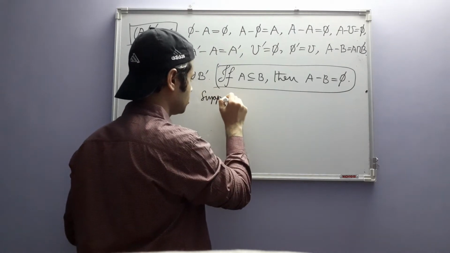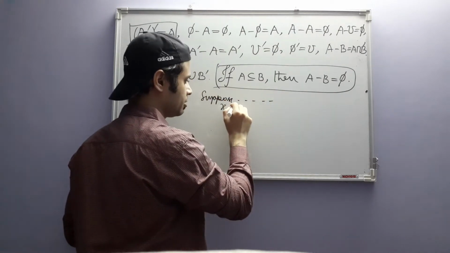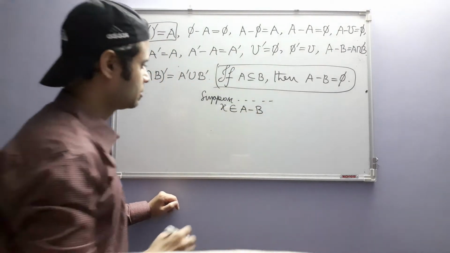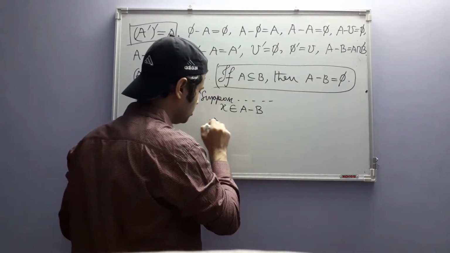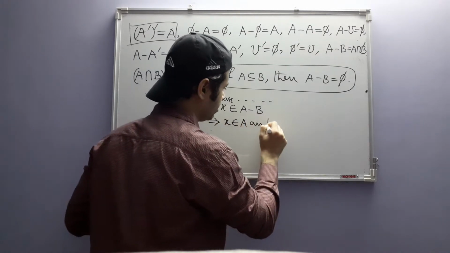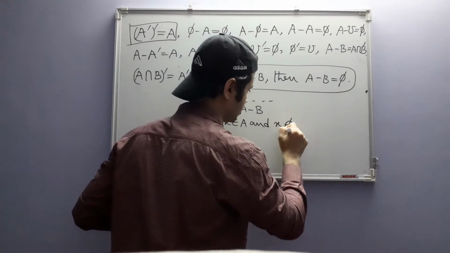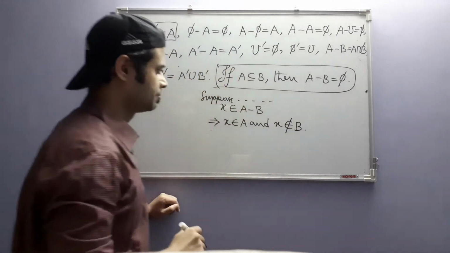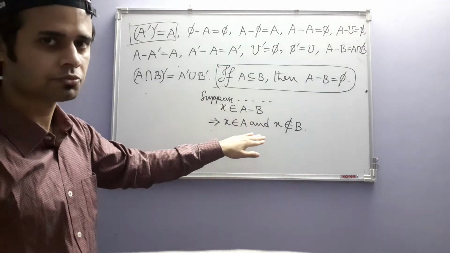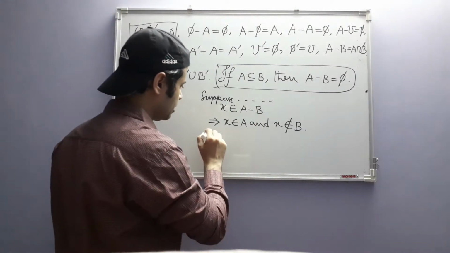Suppose there exists an element X belonging to A minus B. This implies X belongs to A and X does not belong to B. That is just simply using the definition of the difference of two sets.